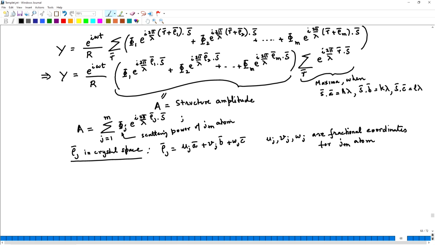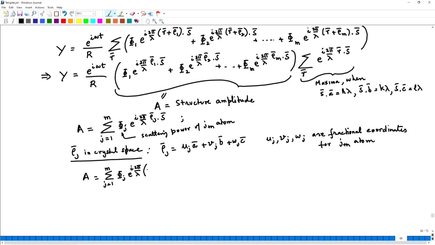Now, substitute the rho j vectors into the structure amplitude equation. So, I can then write A equals sum over j going from 1 to m of phi j e to power i 2 pi upon lambda, and then I can put the vector r j in it.